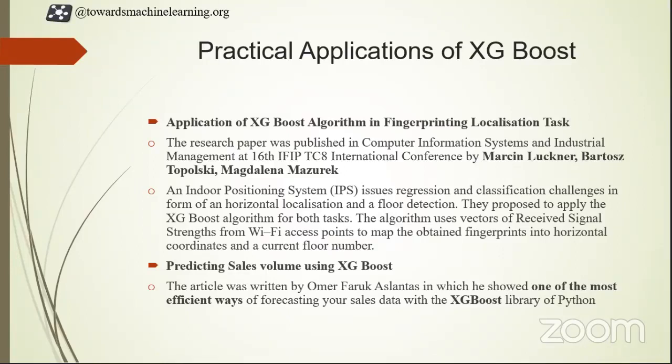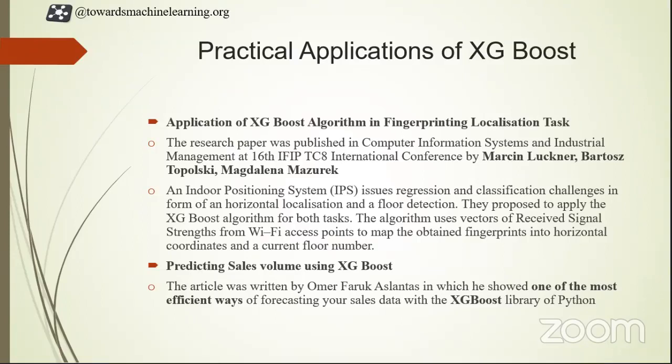What they have done: they have an indoor positioning system that addresses regression and classification challenges in the form of horizontal localization and floor detection. If you are standing on, let's say, the third floor, and you have built a system to detect your floor, how will it be trained?